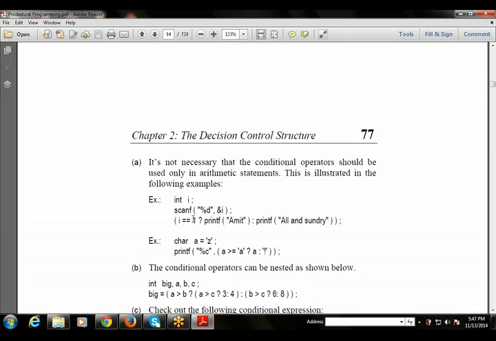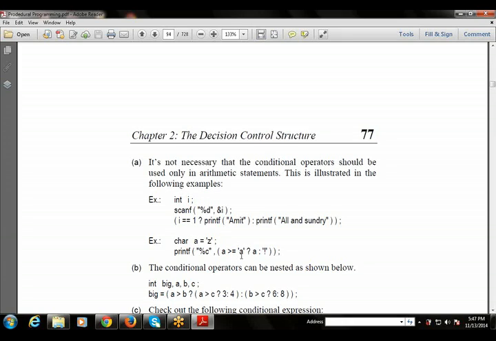The next example is char a equals z, that is, store the ASCII value of z into a. Now the conditional operator is also used in printf: printf percentage c comma, a greater than or equal to a.